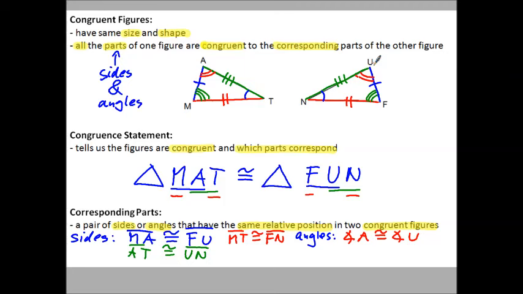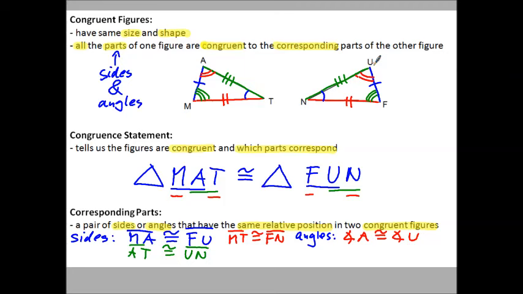Both have to, again, be correct and reflect the same facts. So therefore, you can either look at a congruent statement or at the two figures to find all the congruent parts. Angle A is congruent to angle U.